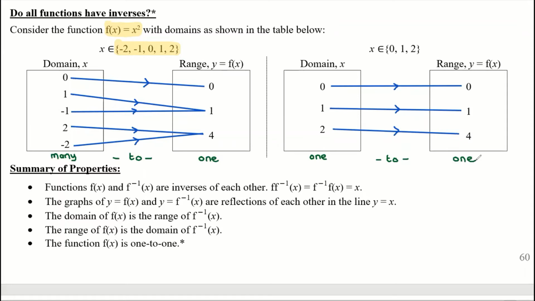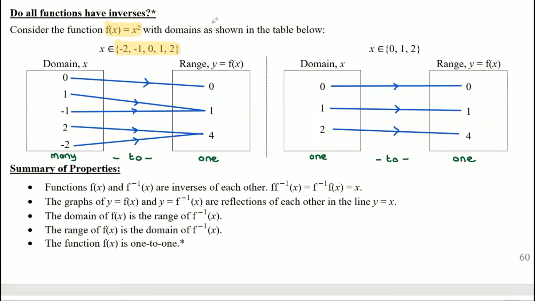So the question is, do both of these mappings lead to inverse functions? Well, the answer is no. And this is the reason. Because the domains and ranges switch, that's where the problem arises.